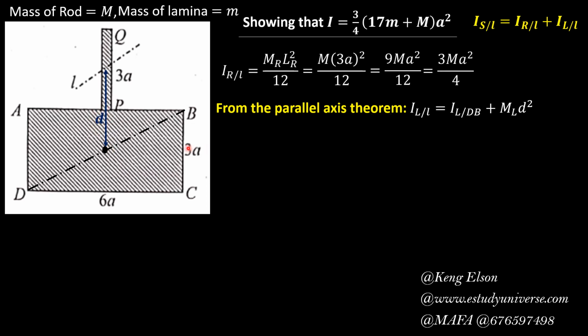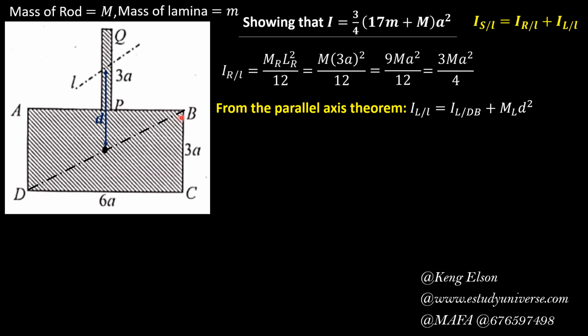So I'm going to repeat again. The parallel axis theorem says that the moment of inertia of this lamina about the axis L is equal to the moment of inertia of the same lamina about an axis passing through the center, plus the mass of the lamina times the square of the distance separating this axis passing through the center and the axis L. I'm taking this diagonal because it is parallel to this axis passing through the center of the rod.